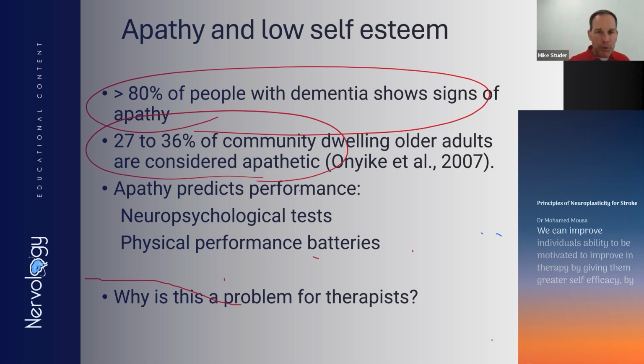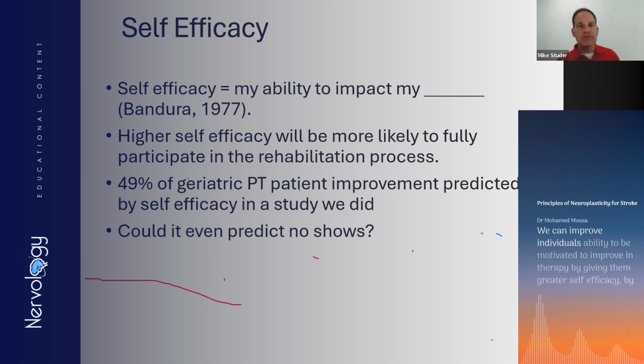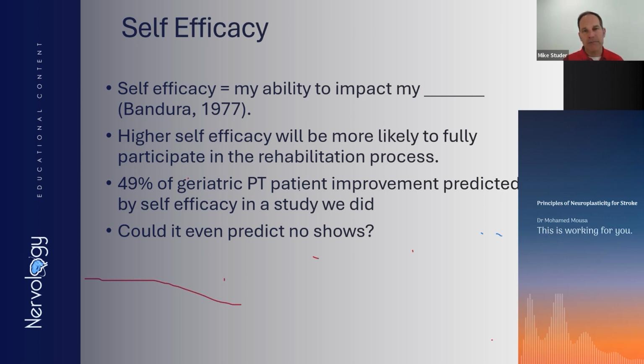We can improve individuals' ability to be motivated to improve in therapy by giving them greater self-efficacy, by showing them that what they're doing is making a measurable difference in their abilities. Now, please understand that people don't learn self-efficacy by you telling them, you're getting better, you're working so hard, this is working for you.